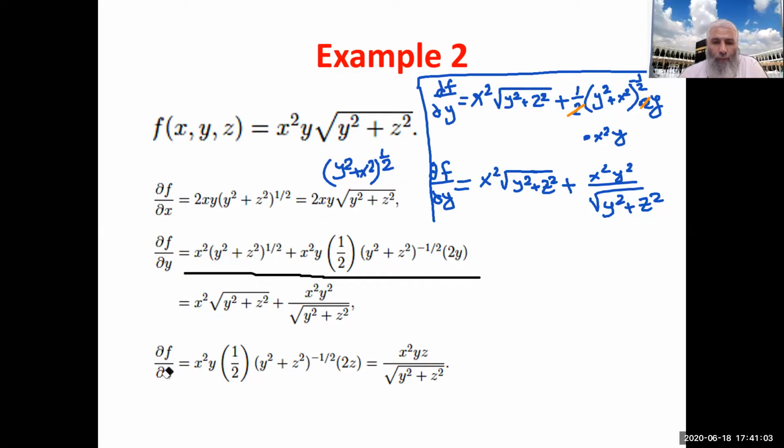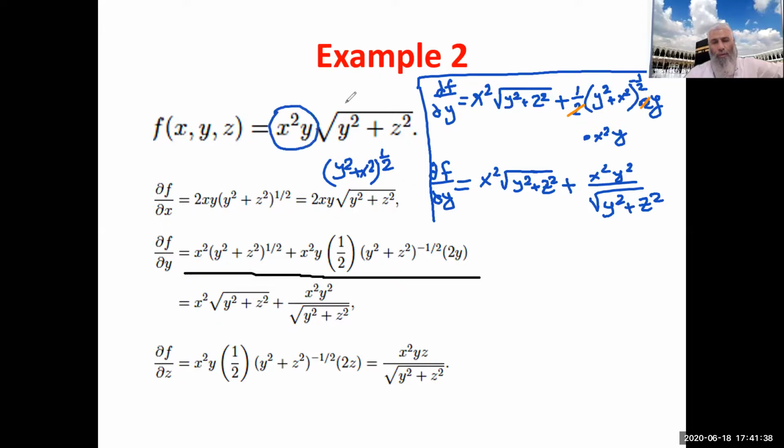Now the derivative of f with respect to z, the last thing. I understood, it's the same. We write x squared y multiply 1/2 y squared plus z squared power negative 1/2 multiply 2z, as we did in the previous example. Instead of y, we use z, because this is constant.